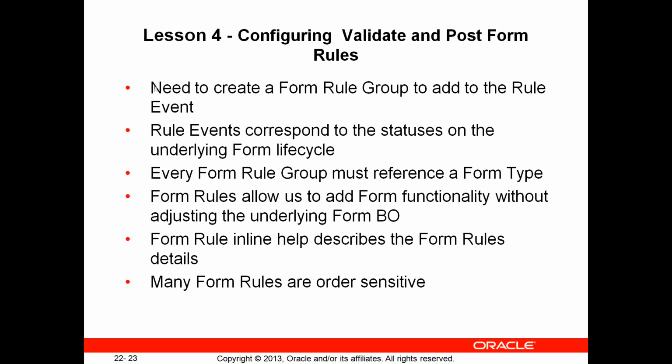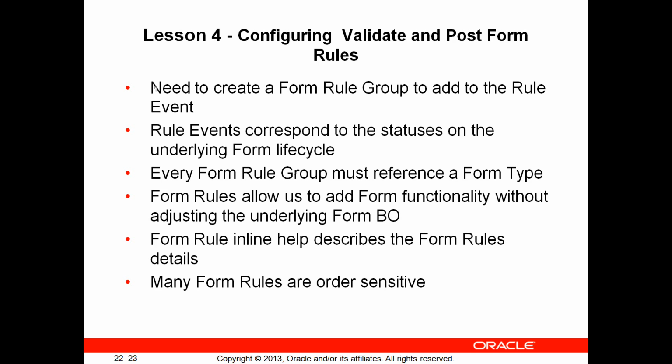The rule events that you see on the form type correspond to the statuses on the underlying form lifecycle. You also saw that the form rule group references a form type. The reason for that is so that you can create a form rule which actually references sections and lines of the underlying form.